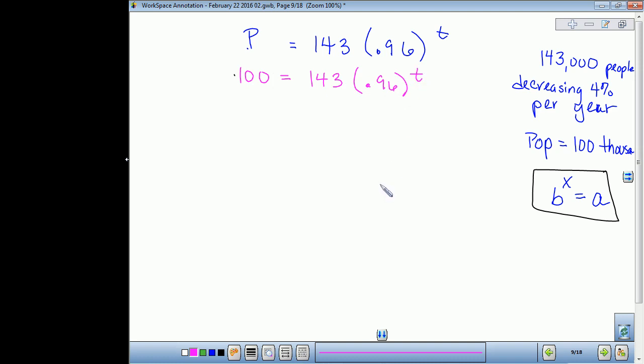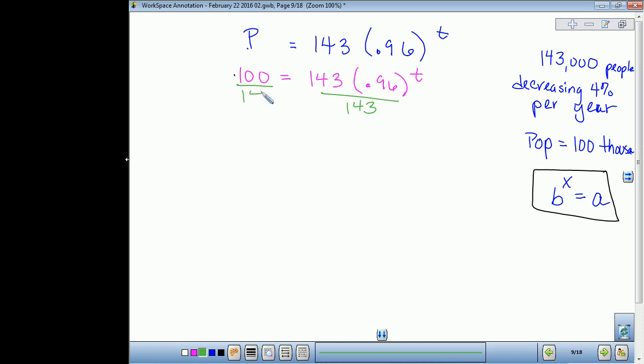Okay. First thing we have to do is get it in exponential form. And so we have this extra 143 right here. This is not part of exponential form. Remember, exponential form is just a base raised to an exponent equals an answer. So this 143 is multiplied times this. So what would we do? Divide it. So we're going to divide both sides by 143.